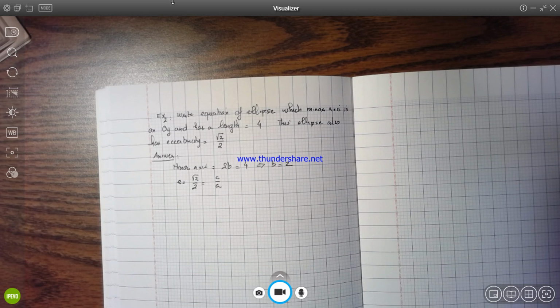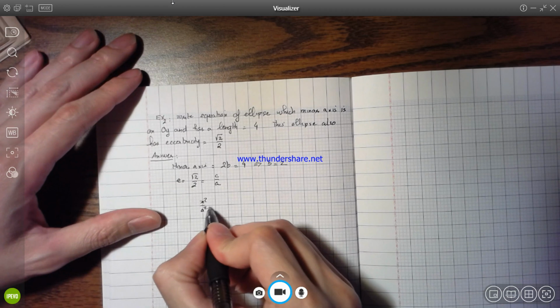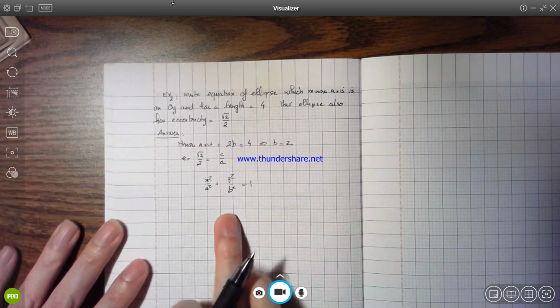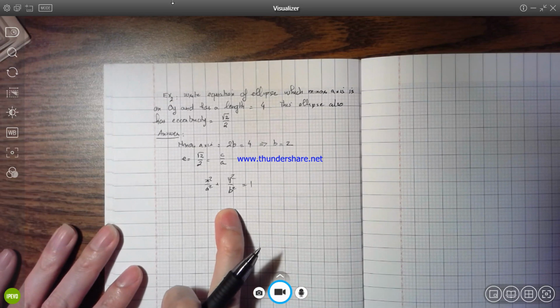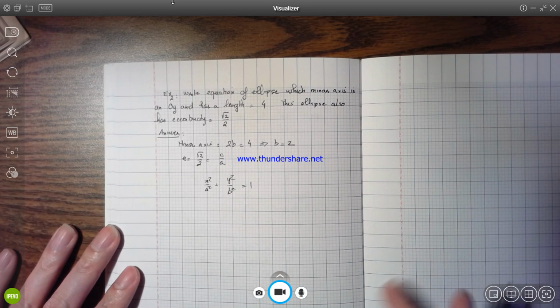We know B equals 2. But in order to write the equation for the ellipse, we need to know A and B, so our job right now is to get A. The equation is x squared over a squared plus y squared over b squared equal to 1. We already know b, but we don't know a.